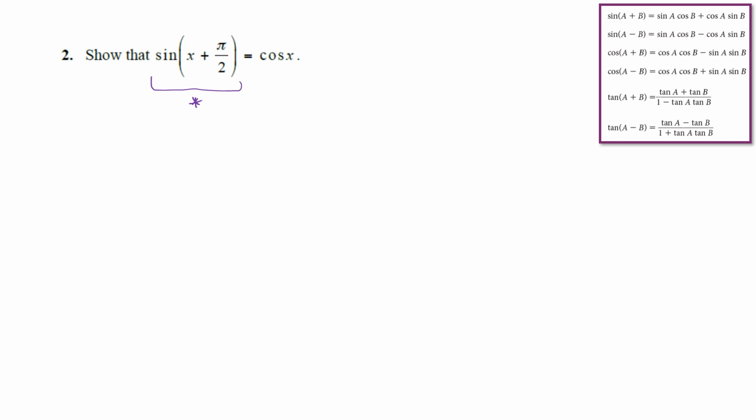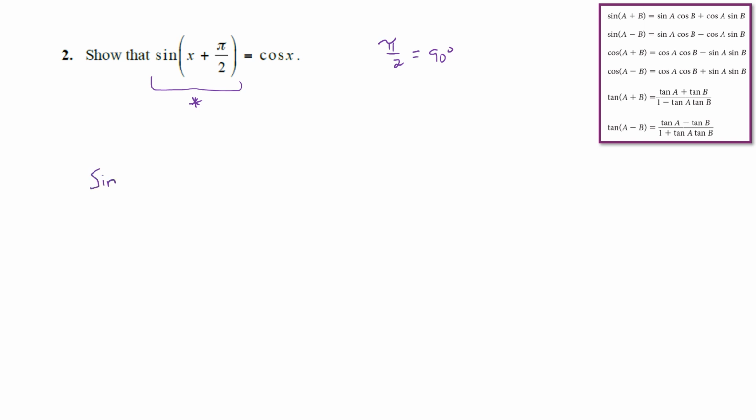So, the sine of x plus pi over 2, I know that pi over 2 is equivalent to 90 degrees. Writing it in degrees may be easier for you to see. If you would prefer to write it in radians, by all means, you definitely can.